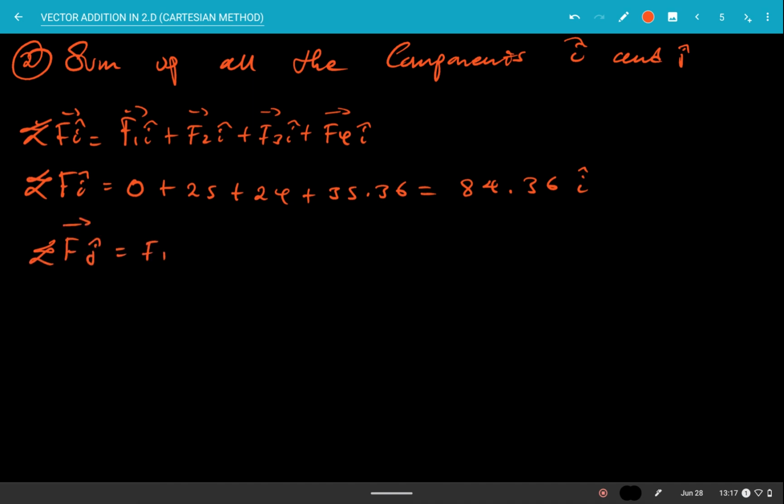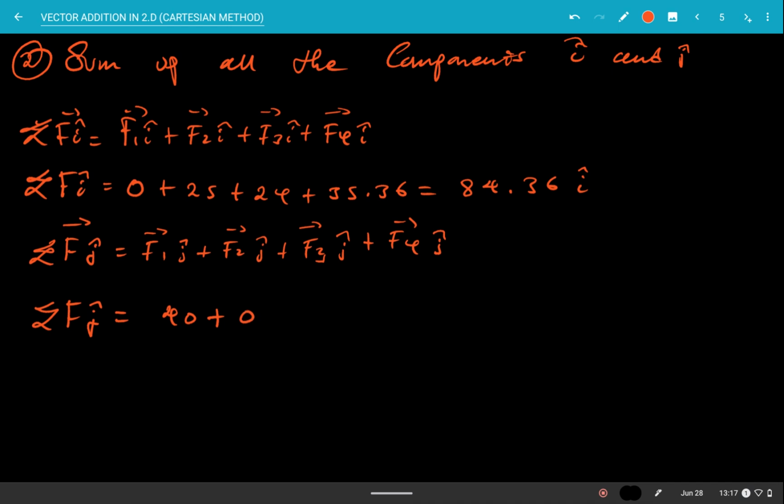Remember, we have 4 of them in the j, f1 plus f2 in the j plus f3 in the j plus f4 in the j. So sum of the forces in the j is equal to 40 plus 0 plus 18, then we're having a minus 35.36, and we have 22.64 in the j.